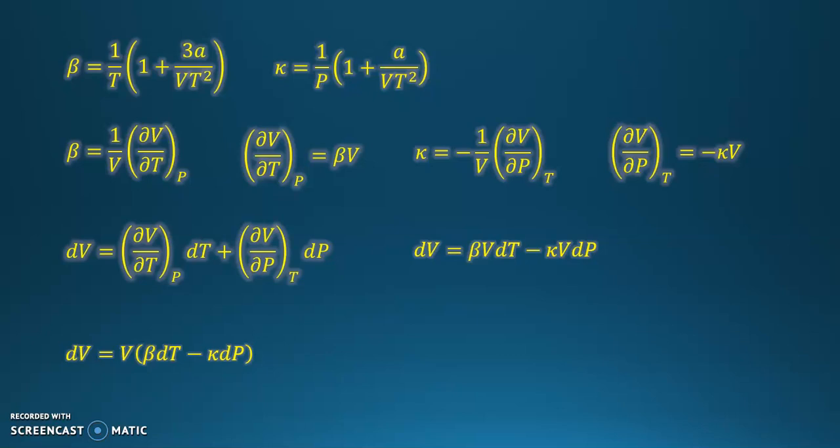So this v that is multiplying on the right side can pass to the other side, dividing like that. Now we can rewrite this equation with the information that we had in the problem. Beta is equal to this expression and kappa is equal to this other expression. If those expressions are put in this equation, we get the following.